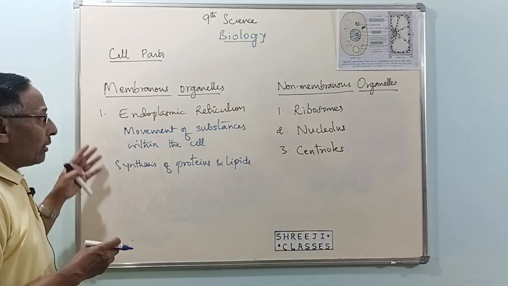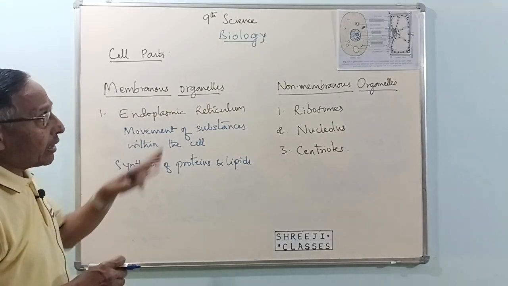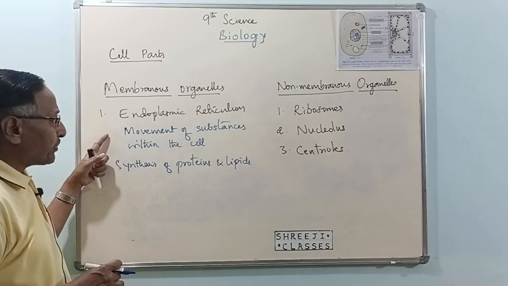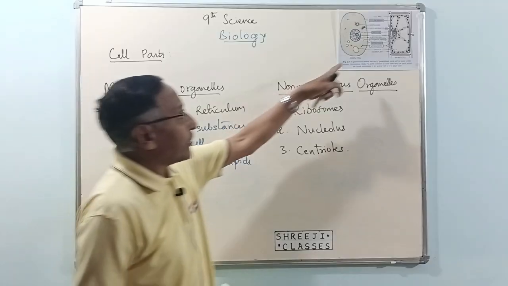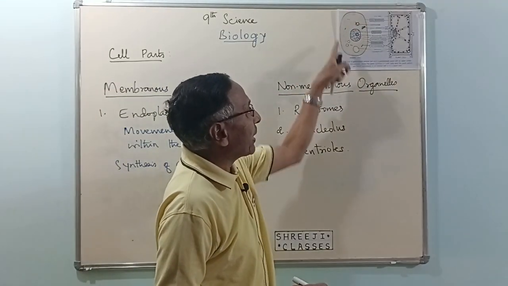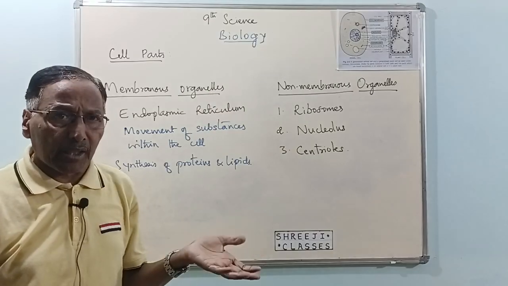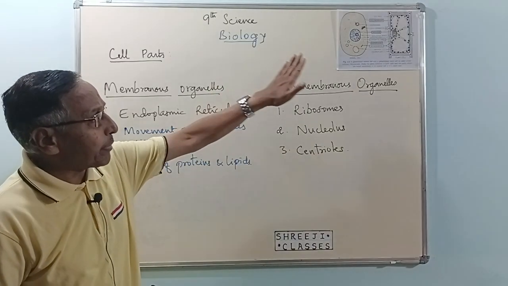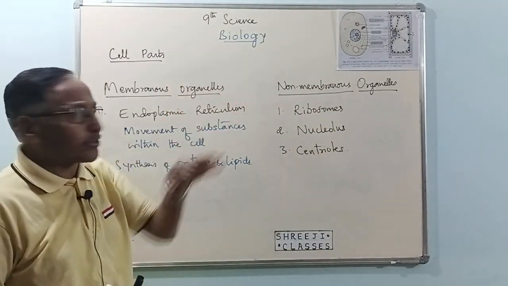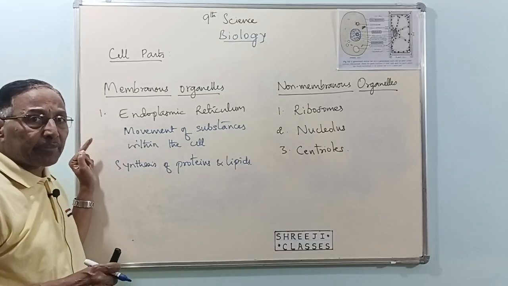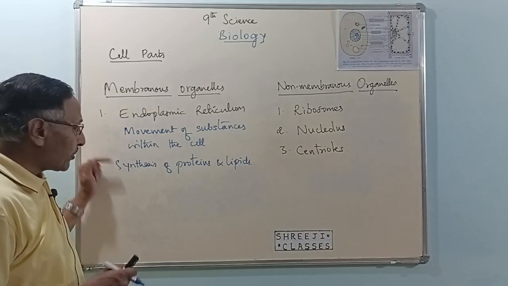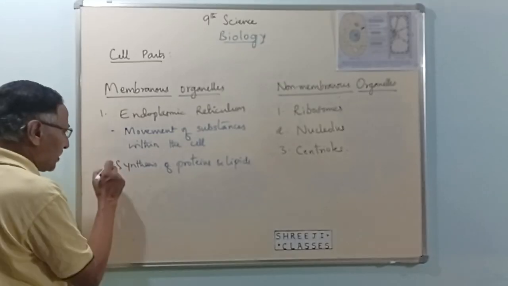Alright? Substances which are manufactured by some other organelle have to be transported to different parts of the cytoplasm. So that is done by endoplasmic reticulum. It also helps in the synthesis of some chemical substances.